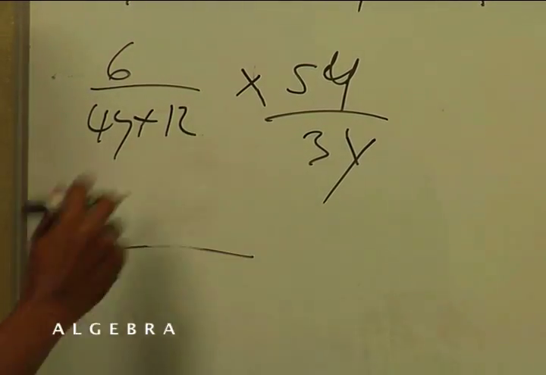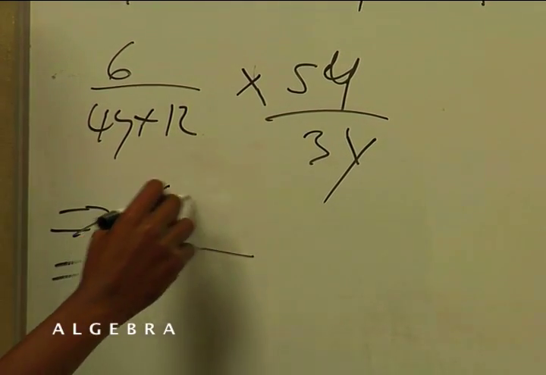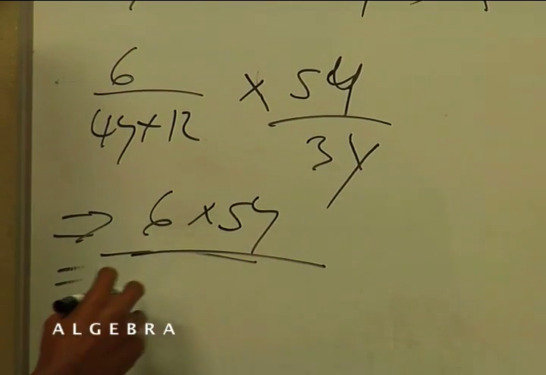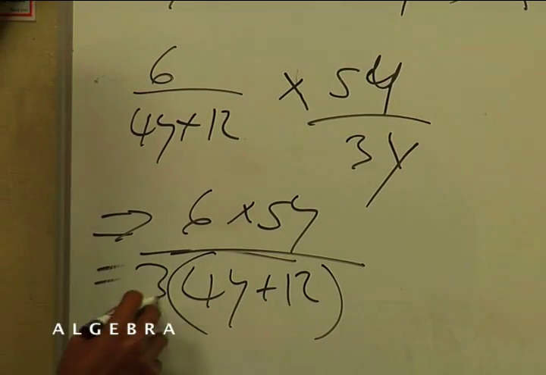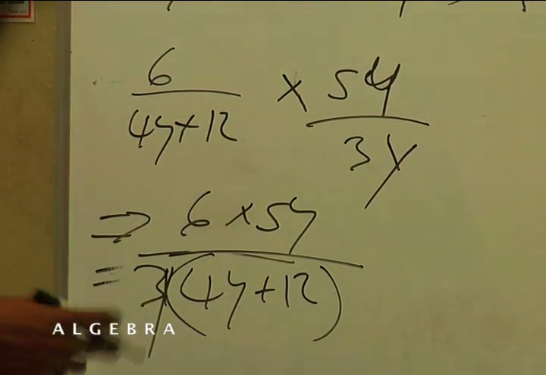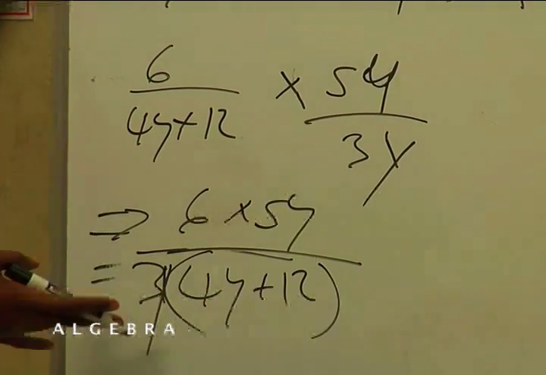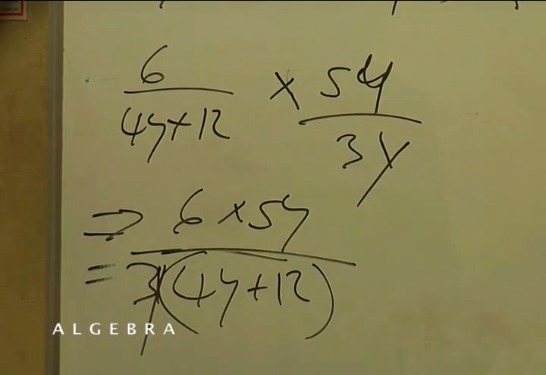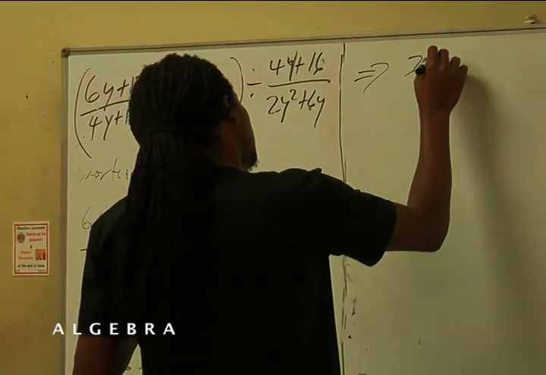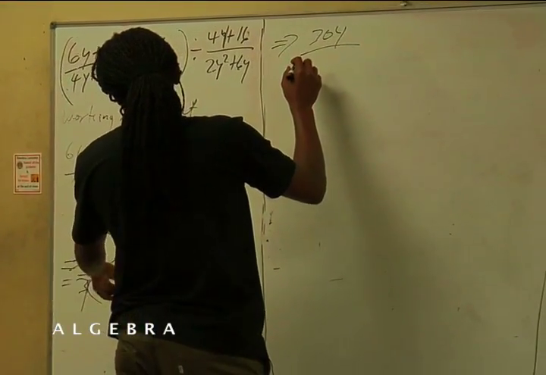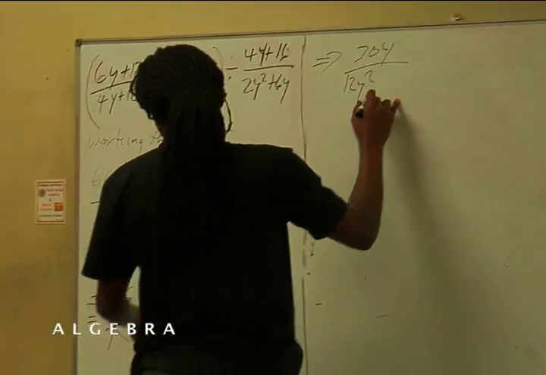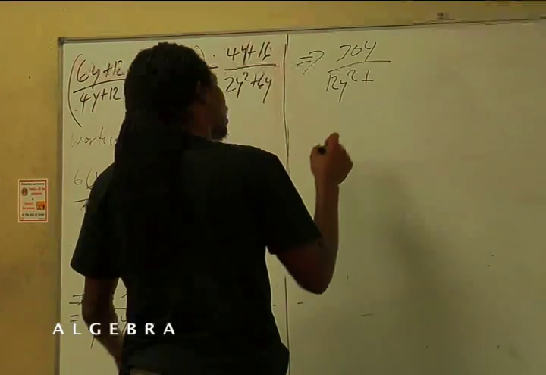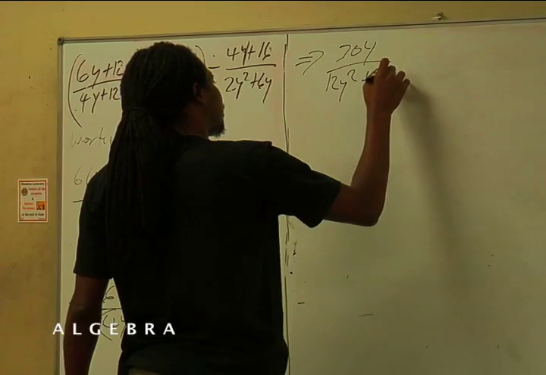Alright, we just worked the part there. This implies 6 times 5y over 4y plus 12 times 3y. Put it at the front, because multiplying doesn't affect the result. So it could have been wrong here. You see that so far? This implies 30y over 3y times 4y, 12y squared plus 3y times 12y, 72y.